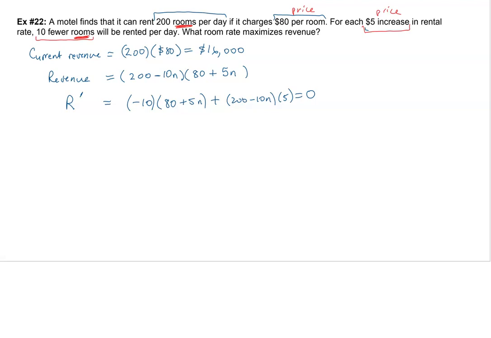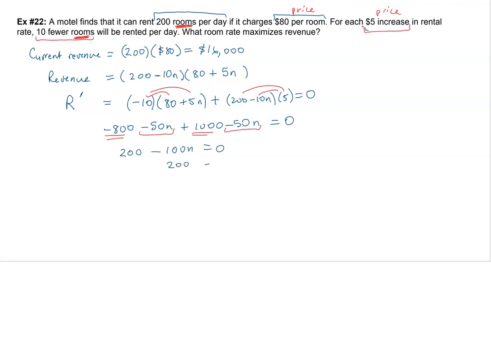All right, working that out, distributing, combining like terms, I'm going to get negative 800 minus 50n plus 1000 minus 50n. You'll see some patterns happening. Got some like terms to combine. We've got those negative 50n's to combine, got some numbers to combine. So we get 200 minus 100n equals 0. So 200 is equal to 100n, divide by the 100, and n is equal to 2.